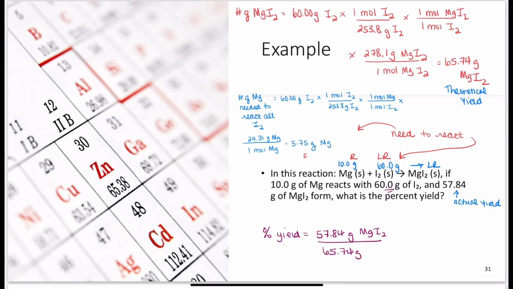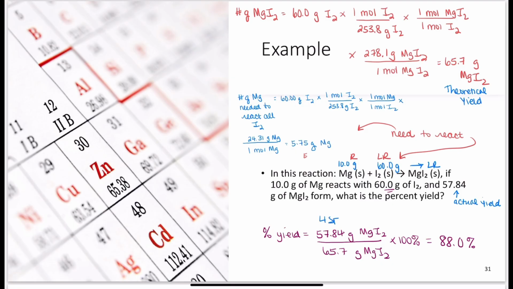It's pretty heavy. Based on my balanced reaction, I see that 1 mole of magnesium metal reacts with 1 mole of I2. Definitely ran out of room, so if you're writing this out on paper, this should go right next to it.